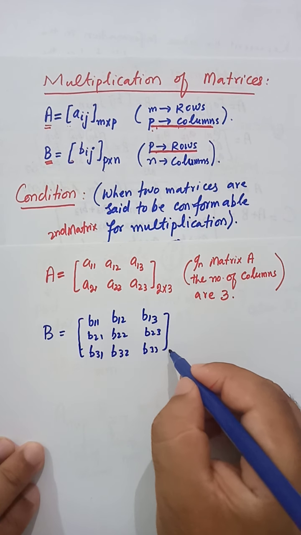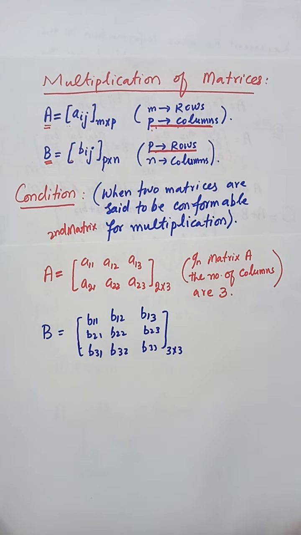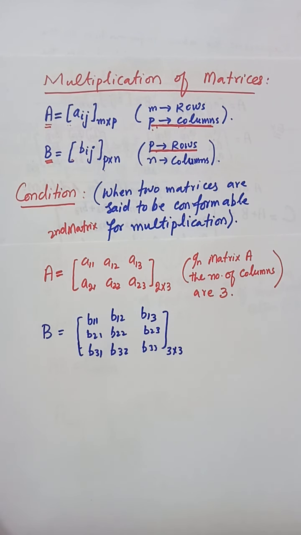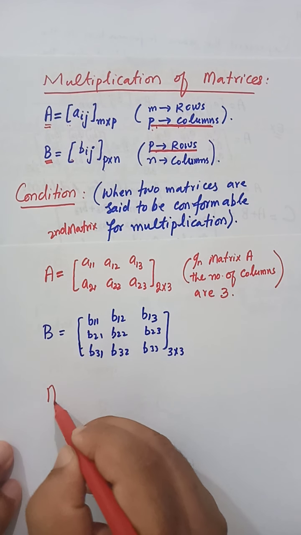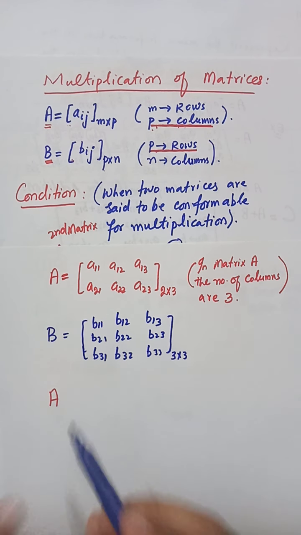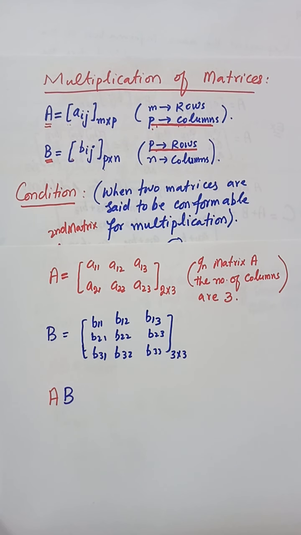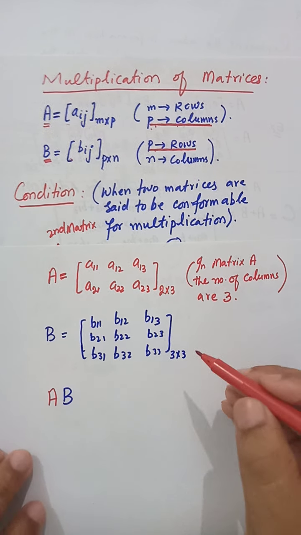So the order of this matrix is 3 by 3. So if you are finding the product A with B, when you are multiplying A with B, your A is the first matrix in the multiplication and B is your second matrix.